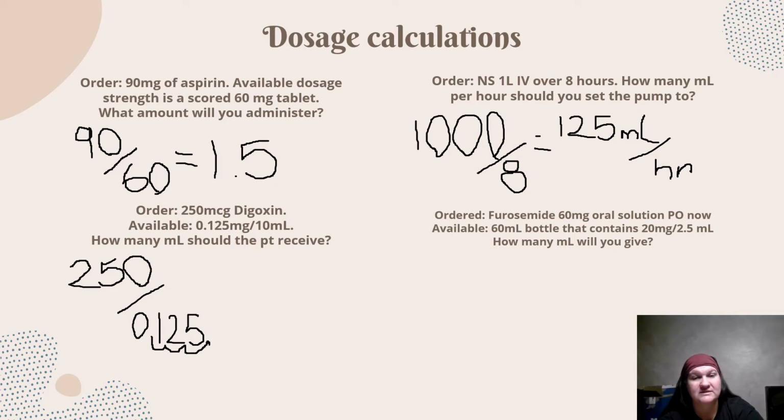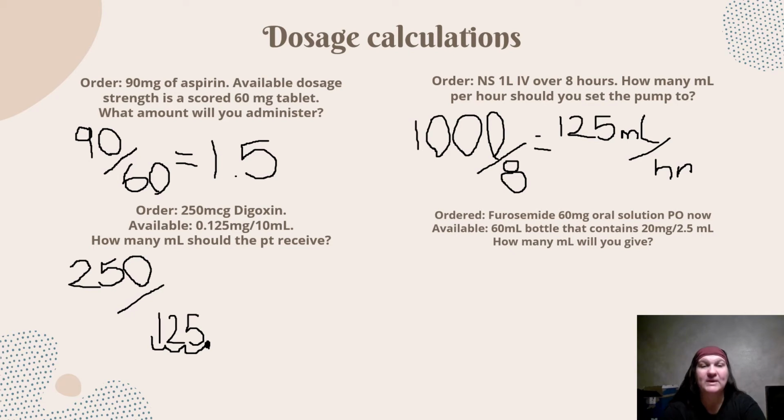So that makes 125 micrograms. So we have desired over have, 250 divided by 125 equals 2.